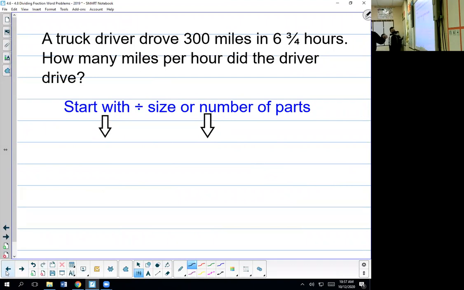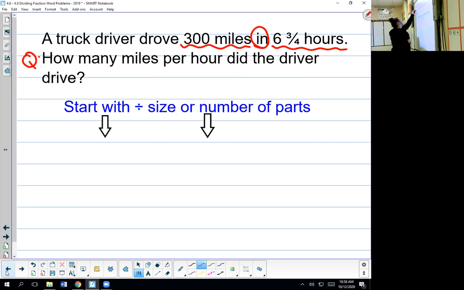So a truck driver, vroom, vroom, vroom, drove, wow, 300 miles in 6.5 hours, or 6 3/4 hours, which is 6 hours and 45 minutes, right? Okay. Here's where it gives it away.